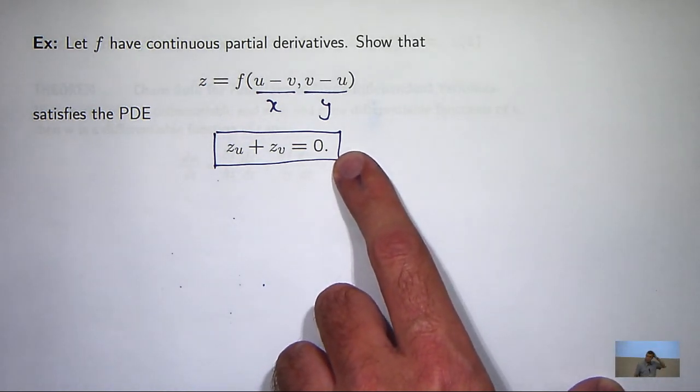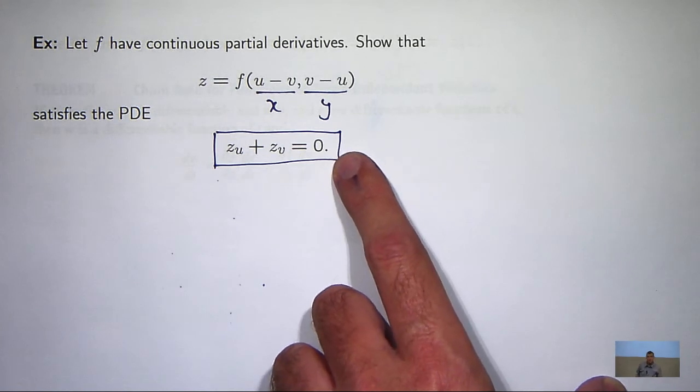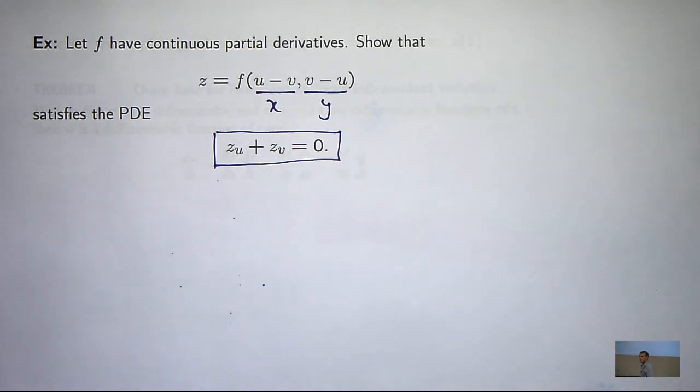Now we learnt last time that partial differential equations are important for modelling in engineering, applied math, physics, just about everywhere. What we're trying to do here is show that functions of this form satisfy a partial differential equation. So I'm going to use the chain rule here to calculate this derivative and this derivative.